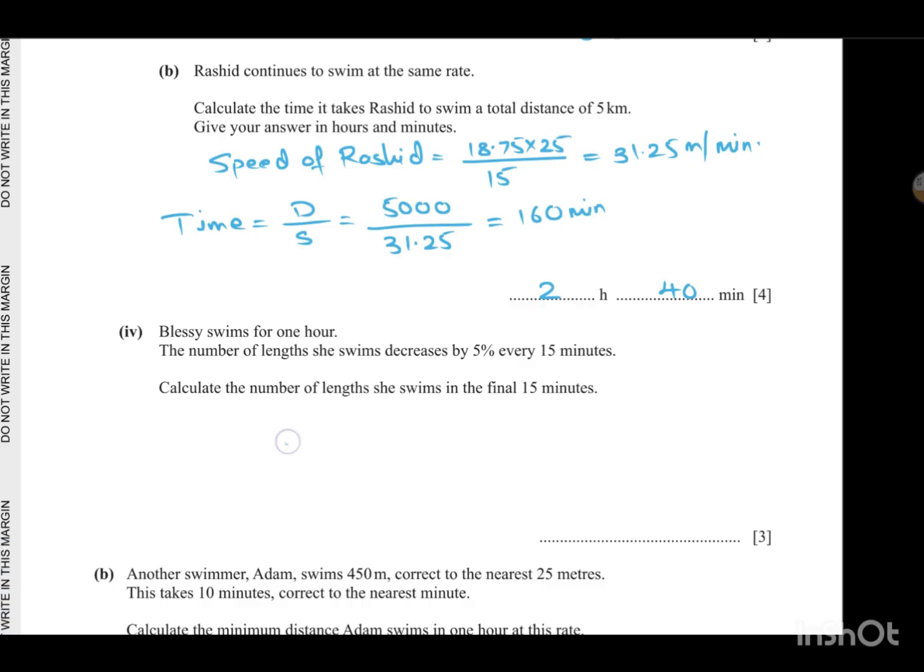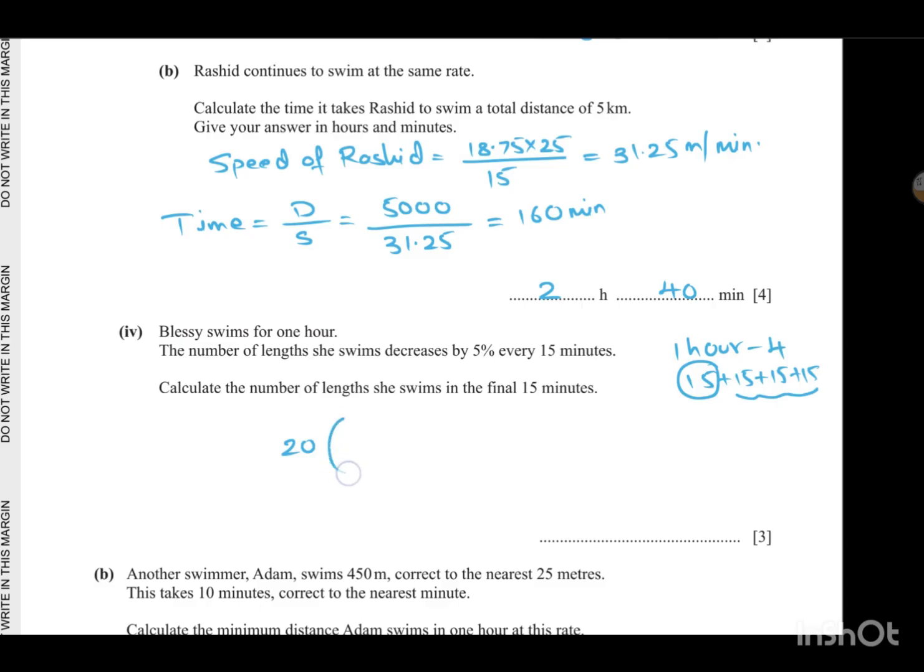In 1 hour, how many 15 minutes are there? 4. 15, 15, 15, 15. So the first 15 minutes it will be 20, but the later 3 it will be decreasing.